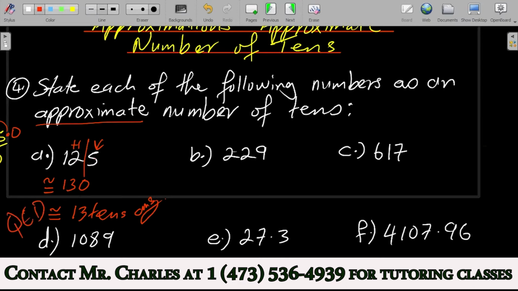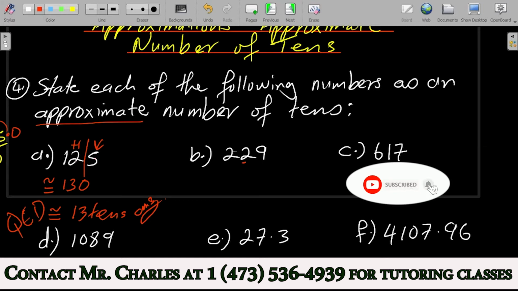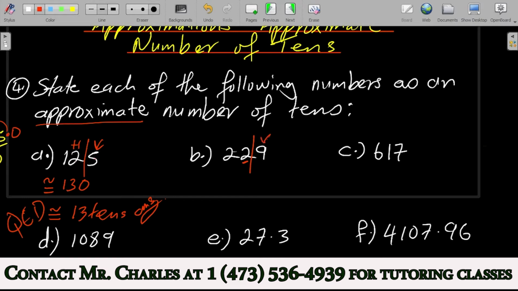Alright, now B, we have 229, so the digit in the tens place is this 2 here, and then we have to put our line here. The 9 is greater than 5, so we add 1 to the 2. 22 plus 1 is 23. Okay, so we get approximately equal to 23.